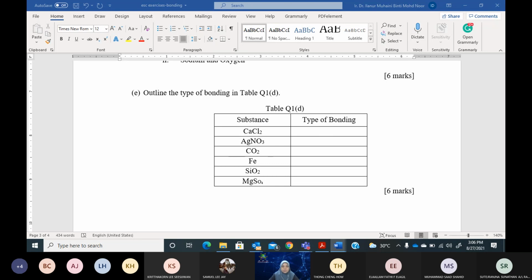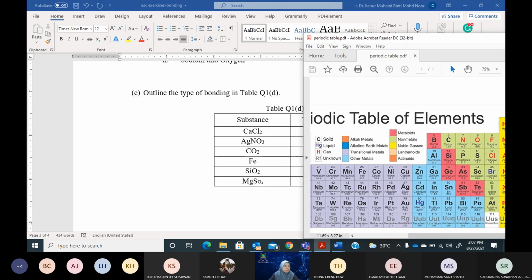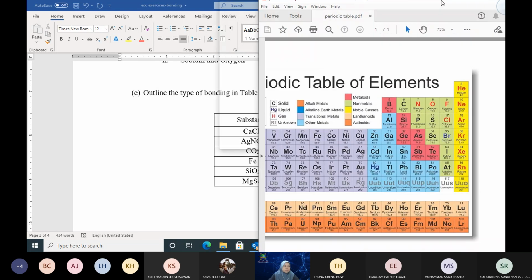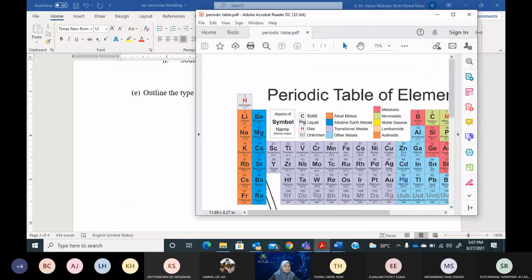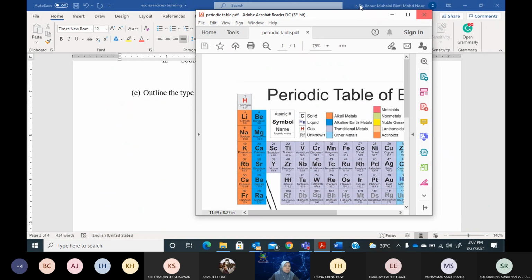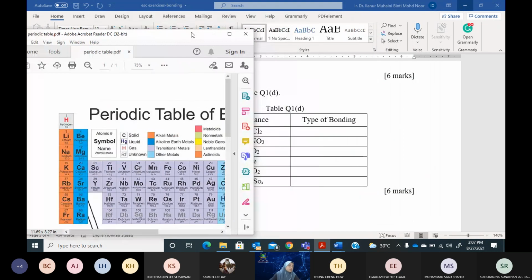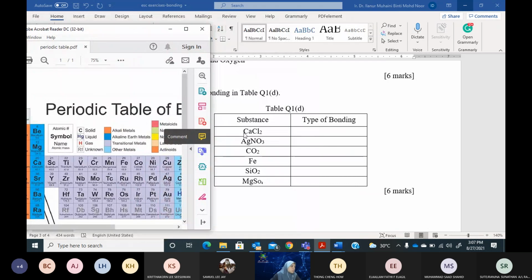From the CaCl2, you must refer to the periodic table. Ca here is metal.